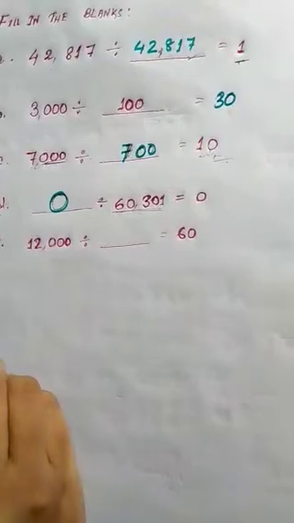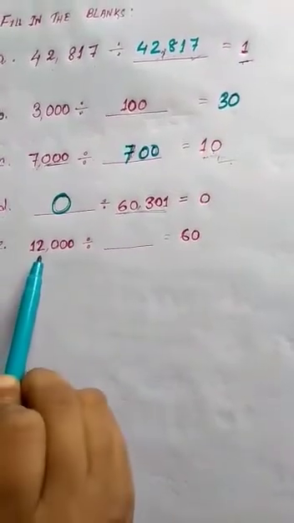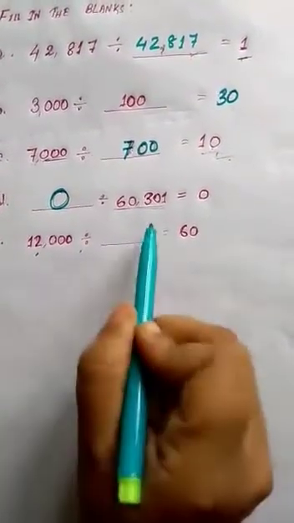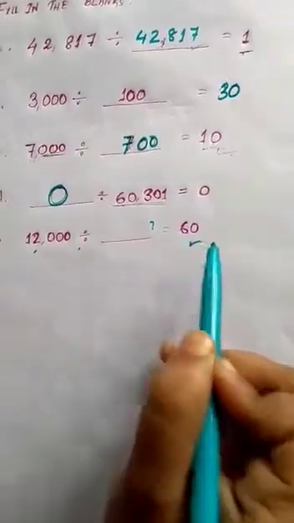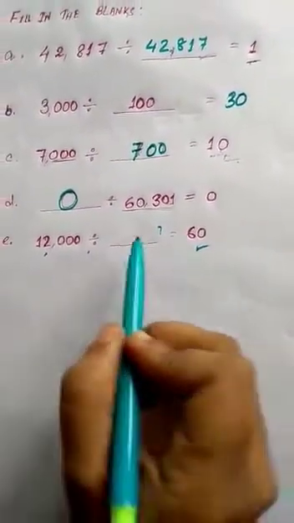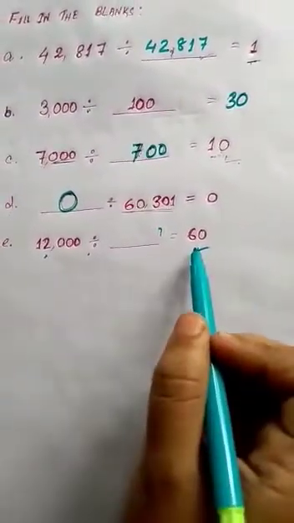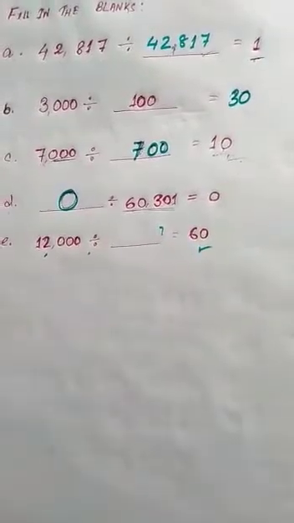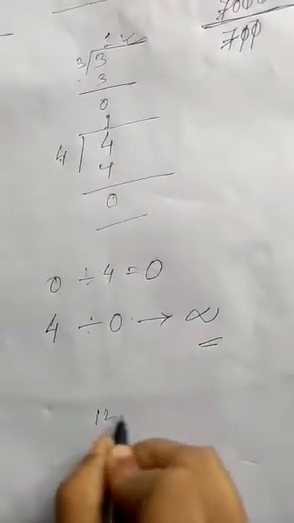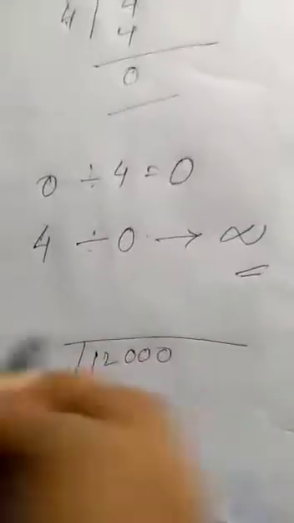Alright students. Our question number E is given: 12,000 divided by a number, and the answer is 60. So what should be here in the quotient? 12,000 divided by 60.